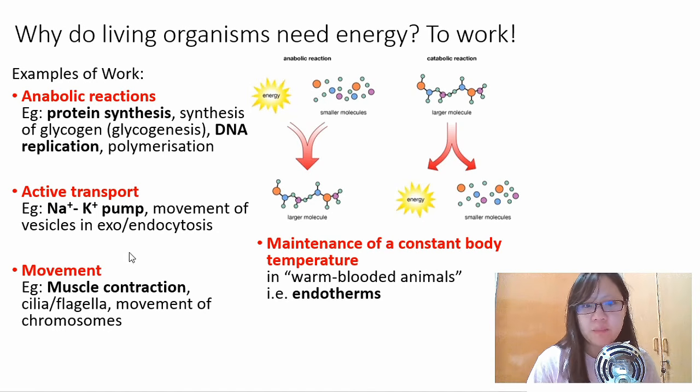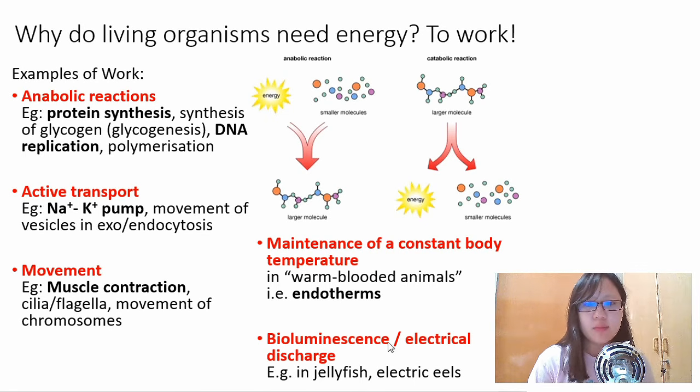And that maintenance of constant body temperature, surprise, surprise, also requires energy. In jellyfish or electric eels, bioluminescence, which is the idea that they glow in the dark, and electrical discharge also require energy. And this is work. Anything that requires energy. This can come up for essay questions, so nothing should be taken lightly.